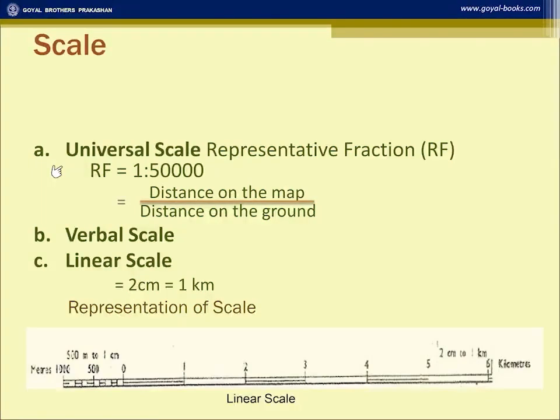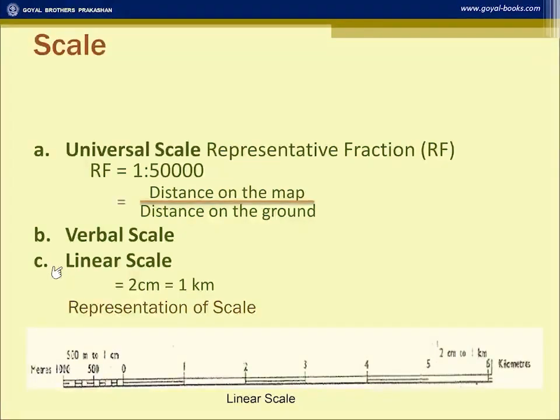This shows approximate scale, which is not acceptable mostly for calculating the distance or area, and it is not very popular.